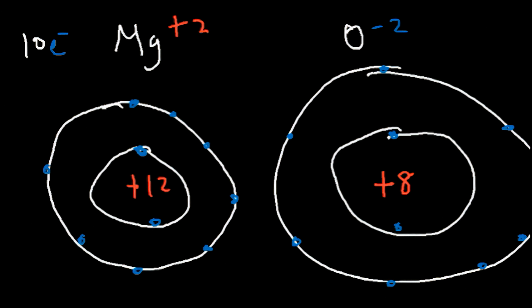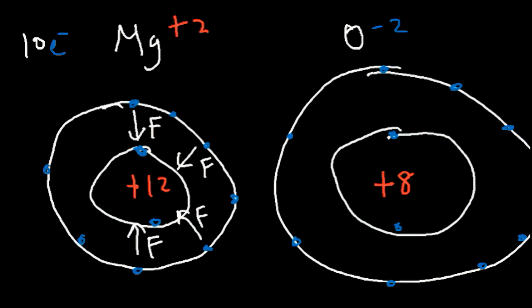And we can see why it's bigger. Because magnesium has more protons, the electrostatic force between the nucleus and the electrons is stronger because of the increased charge. And so magnesium shrinks in size. The nucleus pulls the electrons toward it, making the ion smaller.